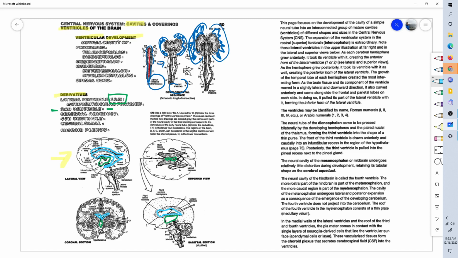Note the thalamus, here are the cerebral hemispheres. Note the thalamus here on either side of the third ventricle.